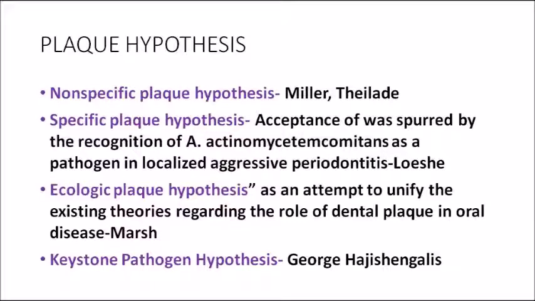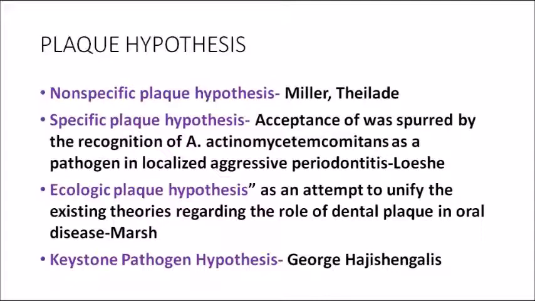Coming to plaque hypothesis, we have the non-specific plaque hypothesis, which was given first by Miller and was modified by Thilo. Non-specific means we are not concerned about the specificity of the plaque. Whatever is the composition of the plaque, if plaque is present, disease will be present. This was what Miller said.